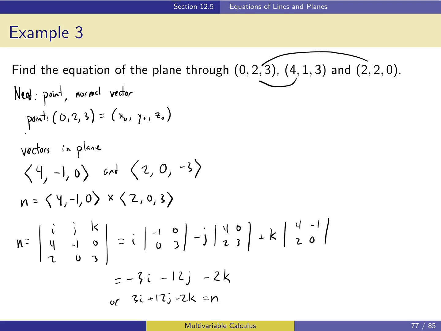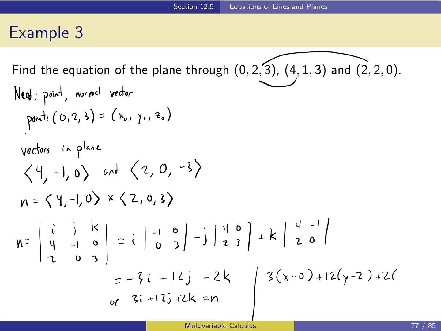Well, here's our normal vector. We have a normal vector, we have a point. Let's go ahead and plug these into the equation. Our equation will be 3 times (x minus 0) plus 12 times (y minus 2). Oops, this was supposed to be a plus.